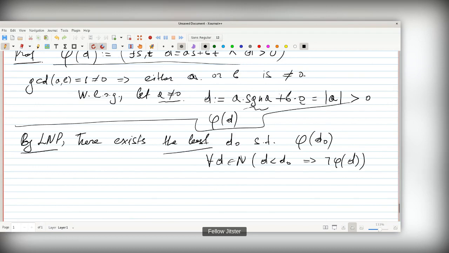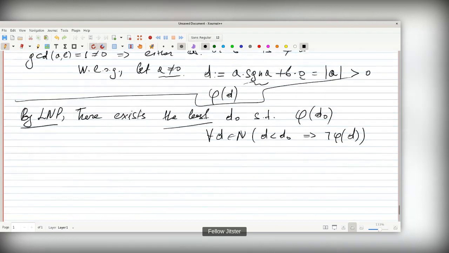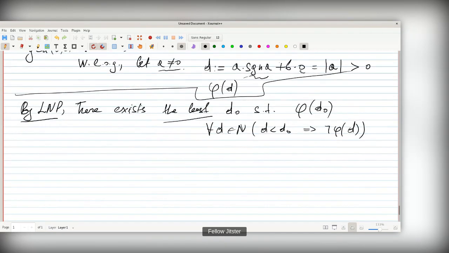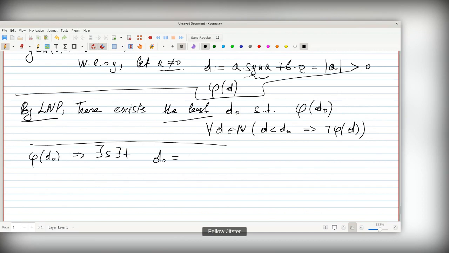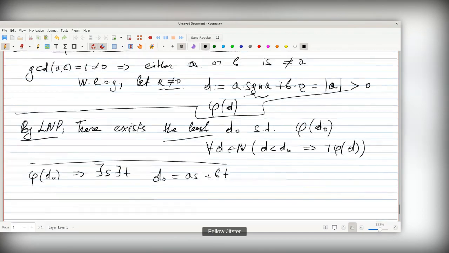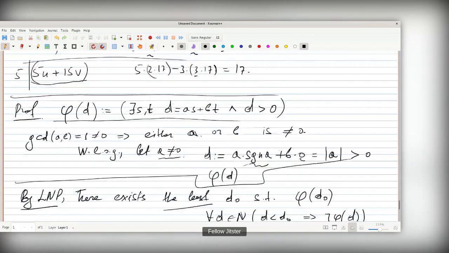So it is the least number with this property. Okay, as d0 satisfies our property, there exist s and t such that d0 equals as plus bt. This is just by definition of phi.